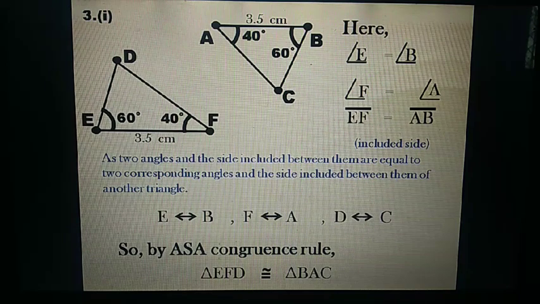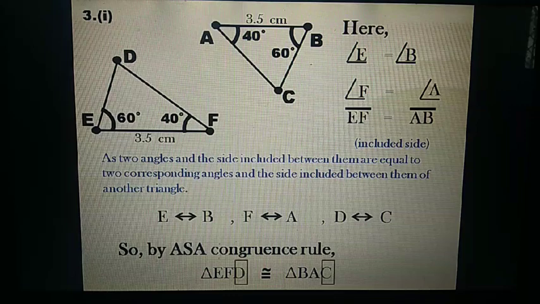Triangle EFD is congruent to triangle BAC. The first letter will come from the first corresponding pair, the second from the second pair, and the third from the third set of corresponding vertices.